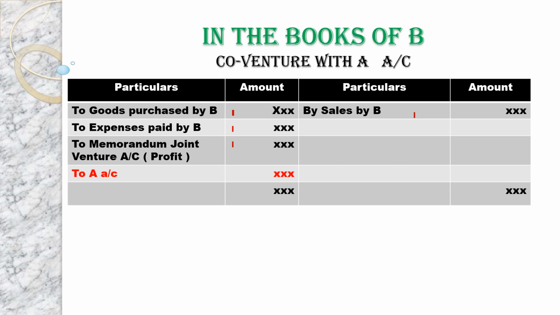So purchases, expenses and share of profit, these items belong to B. Therefore they are recorded on the debit side, and sales made by B are recorded on the credit side. The difference amount B has to get from A.